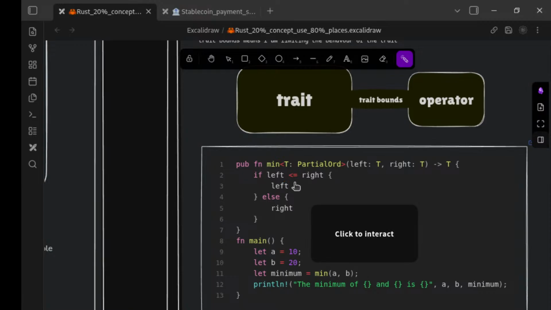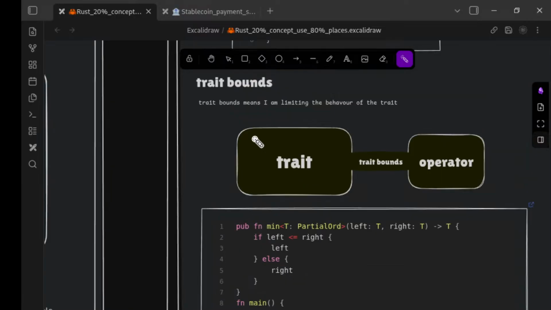I have to explicitly tell that if I compare two types, then I have to implement the trait, the behavior of that code.